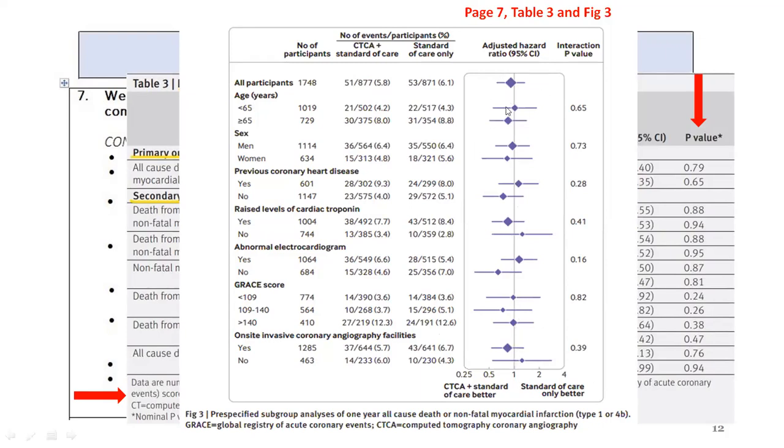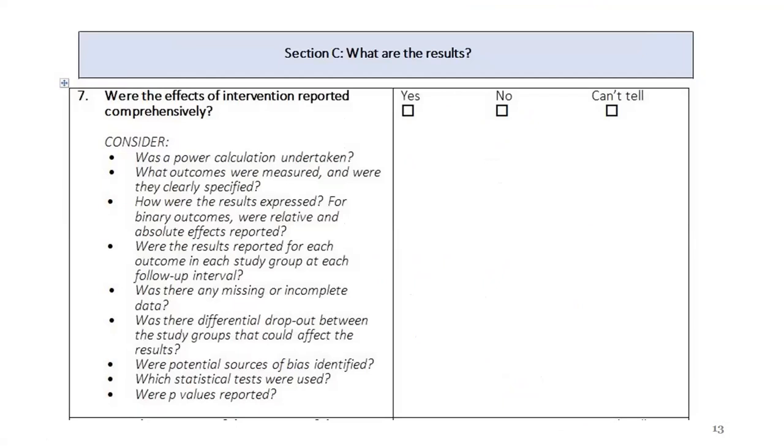So the research that they have done included everything, but the finding says it is non-significant because it has crossed every line. And so it is a p-value. So we considered each and every question in 7. So, was the effect of intervention reported comprehensively? The answer will be yes.